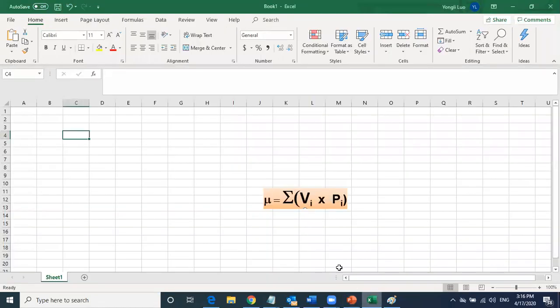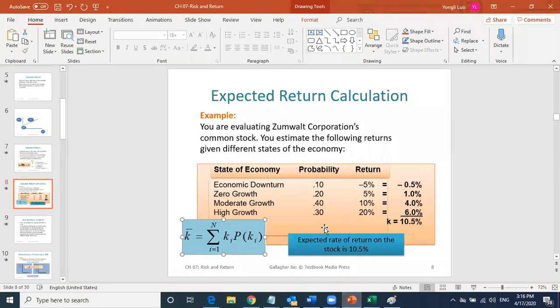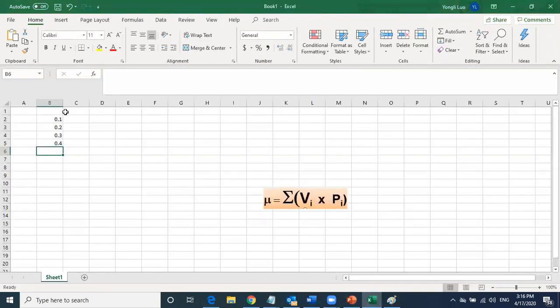So you have different scenarios: 0.2, 0.3, 0.4. Whenever you have any question while I'm doing my work, you can interrupt me and let me know.